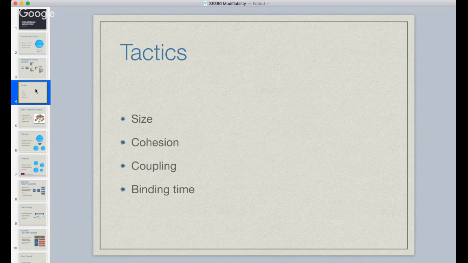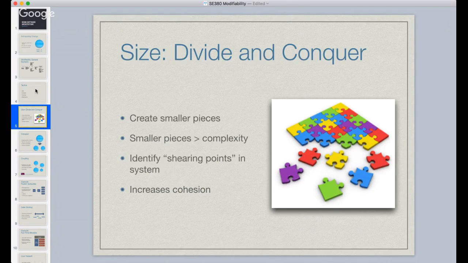And so as we start to look at, for example, our air traffic control system, we're going to be thinking about how often do I have to change this system? How much do I want to spend making it modifiable? And where is it likely to change? Well, the first way we tend to think about helping a system be modifiable is simply carving it into smaller pieces.